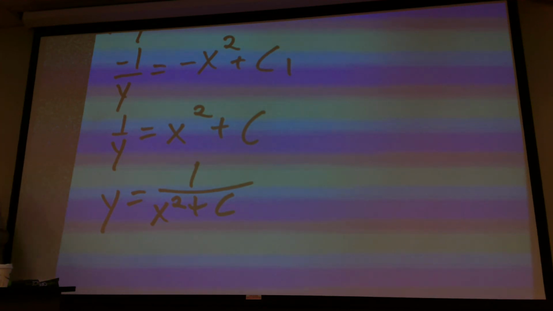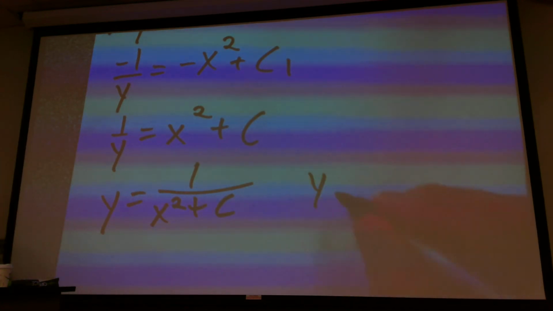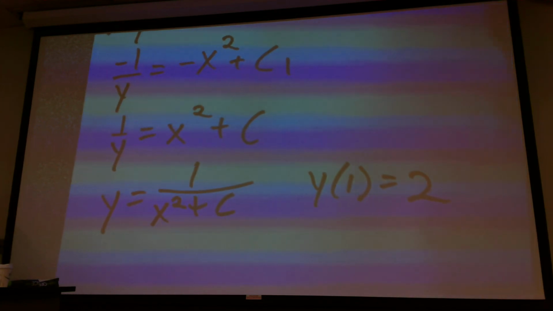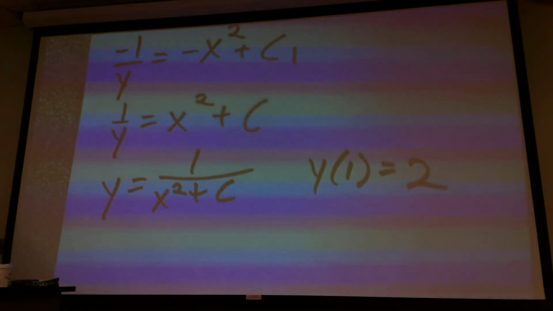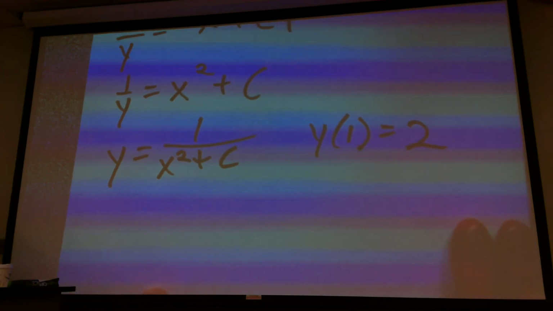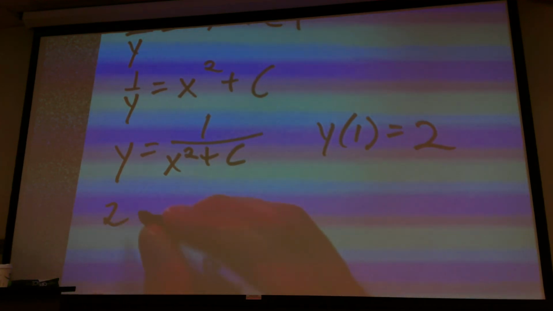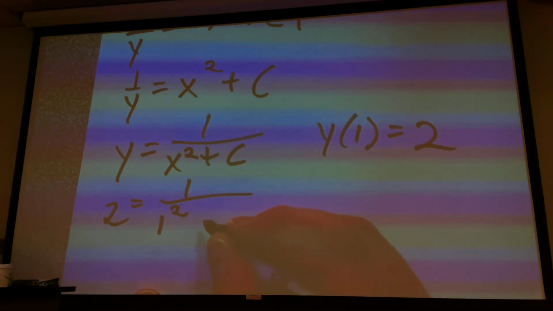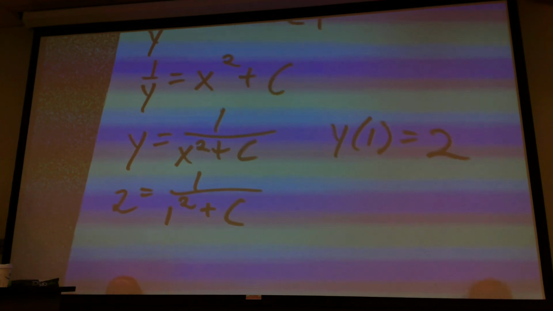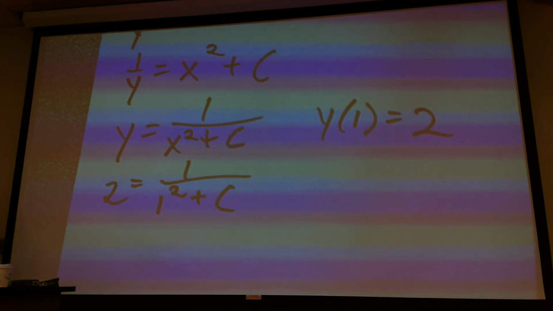Okay. So now that we're at this part of the problem, we need to use our boundary condition that y of 1 is going to equal 2. That means that 2 is going to equal 1 divided by 1 squared plus c. All right?